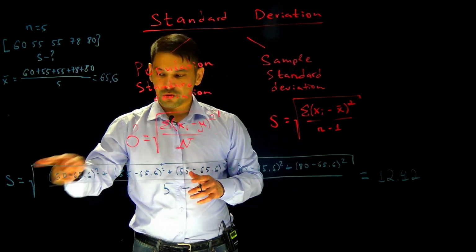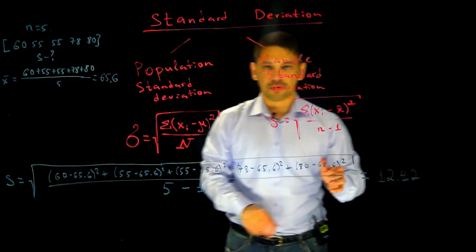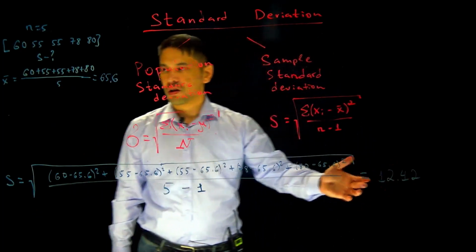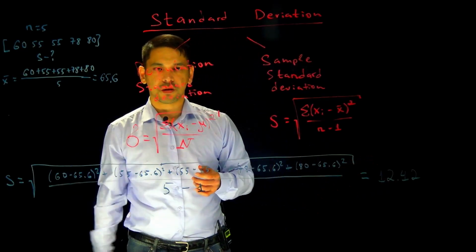So we take the square root of the result and we get 12.42. So the standard deviation for the exam scores of my students is equal to 12.42, whereas the average is 65.6.